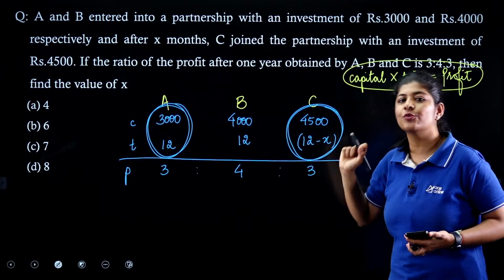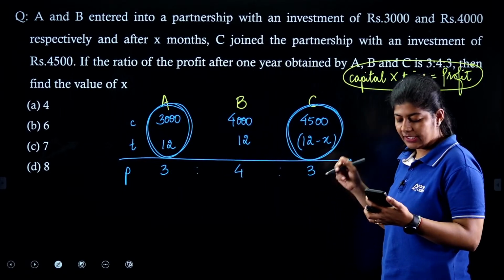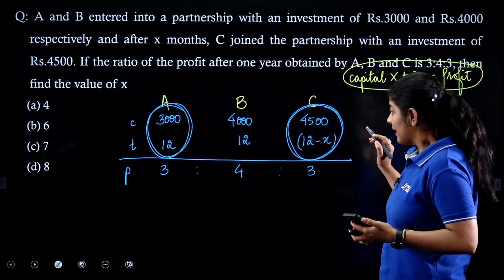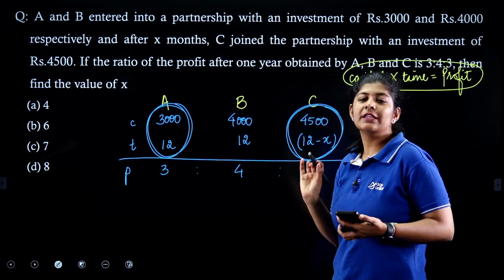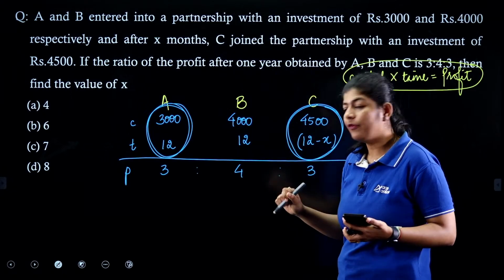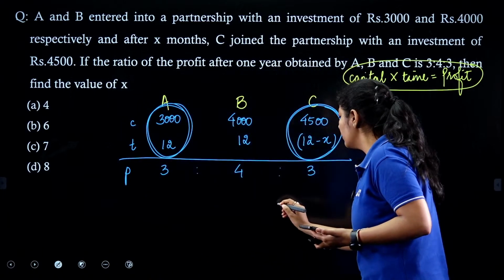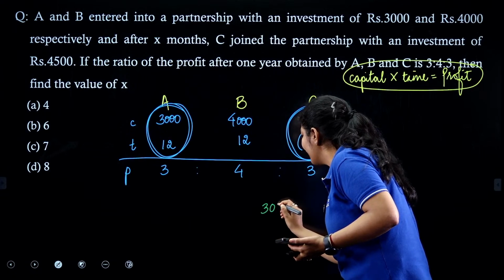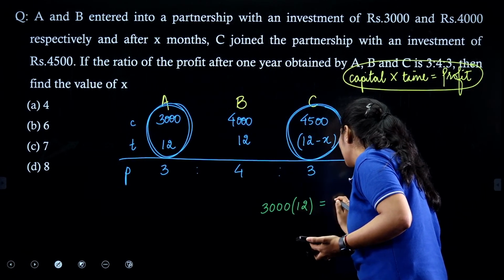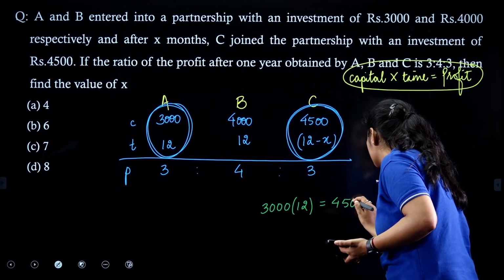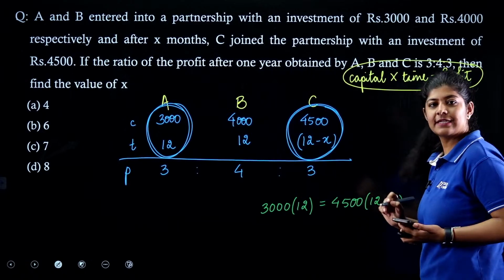Only in that case are they getting equal profits at the end of the year, right? So whatever amount it builds, this should be equal to this one, and from this we will get the value of X.